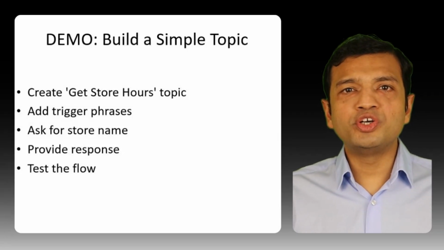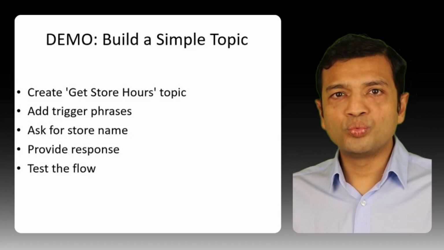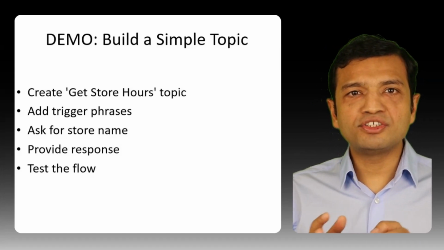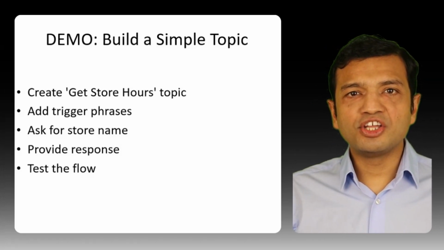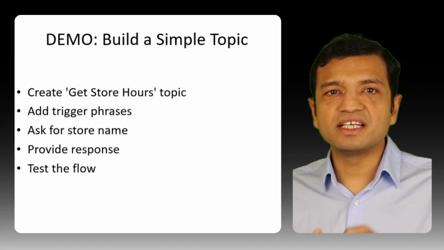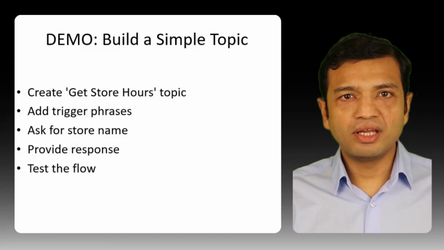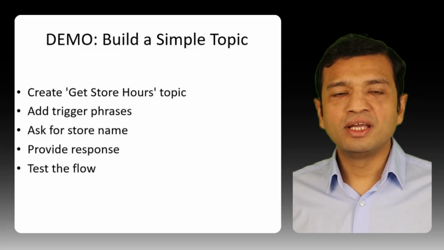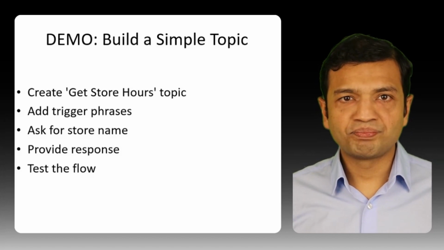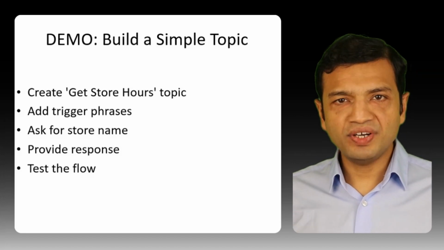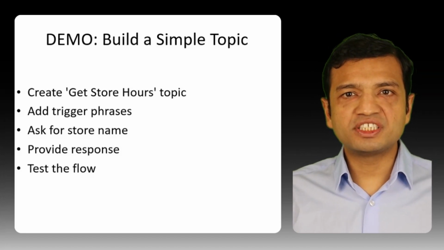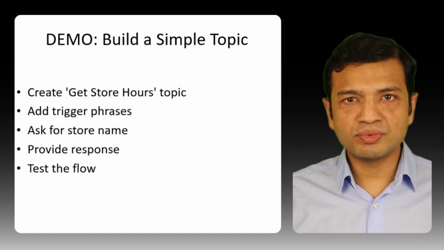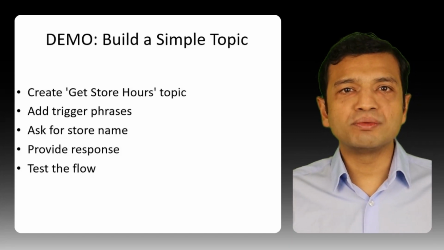Now moving on to the demo. In this demo, we will build a simple topic inside Copilot Studio so that you can see these ideas in action. We will create a topic called Get Store Hours. This is a perfect example of a simple topic that's very common in customer or employee facing bots.